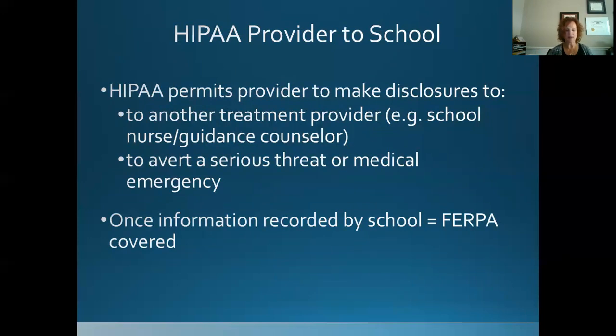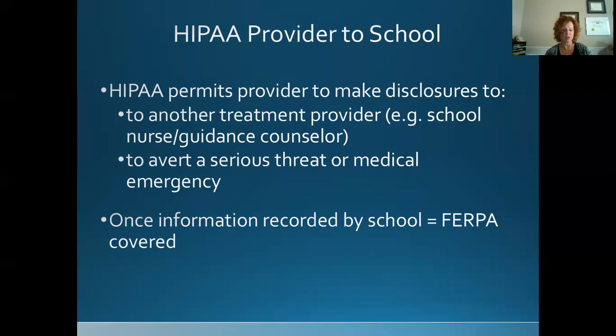Keep in mind that PHI that is disclosed by a HIPAA-covered provider, once it's recorded by the school that receives it under one of these exceptions, it becomes part of the education record, and becomes FERPA covered and can only be disclosed further per FERPA's disclosure requirements.